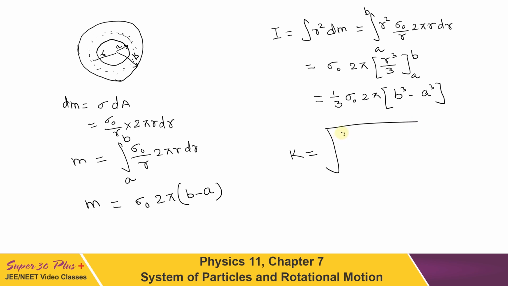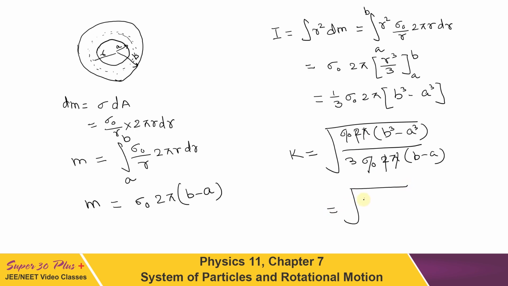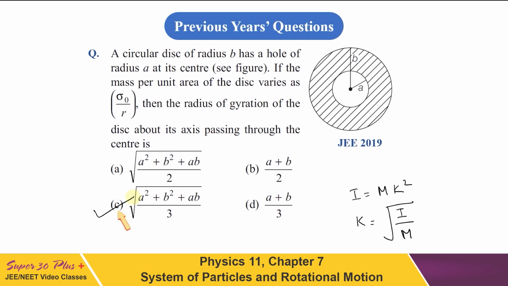So it has to be sigma naught 2 pi (b cube minus a cube) upon 3 sigma naught 2 pi (b minus a). The 2 pi term got cancelled, sigma naught cancelled. So the final result will be under root 1 by 3 (b cube minus a cube) upon (b minus a), which is our option number C.